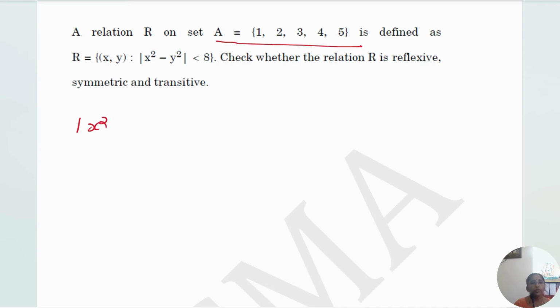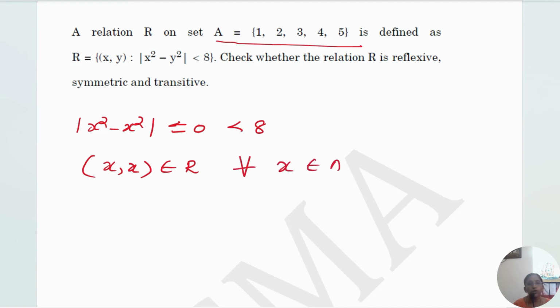So |x² − x²| is always equal to 0, which is less than 8, so the condition is satisfied. So (x, x) belongs to the relation R for all values of x belonging to the set A, which is 1 to 5. So you can say R is reflexive.